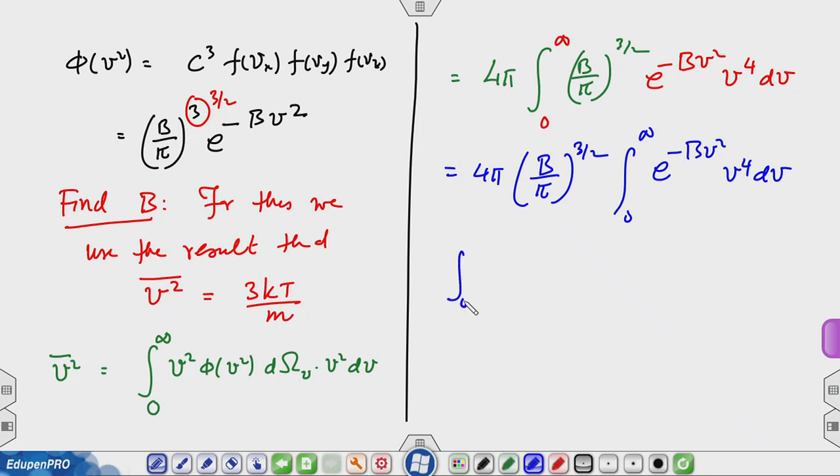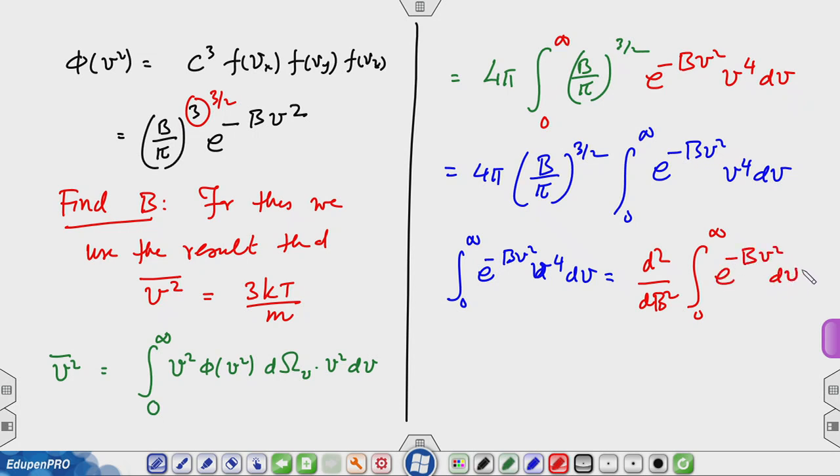This integral, 0 to infinity e raised to minus b v square v raised to 4 dv, can be written as d2 by db square of the integral 0 to infinity e raised to minus b v square dv. And this integral we have already calculated to be square root of pi over b.